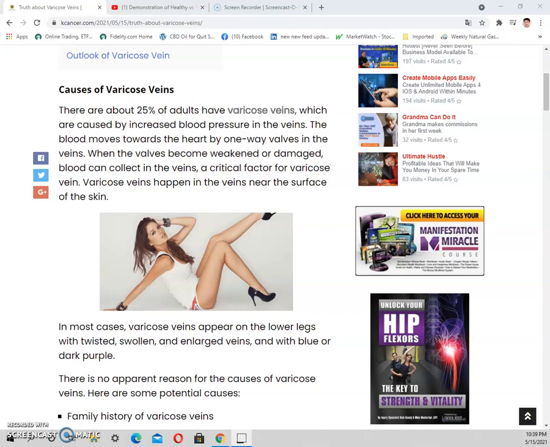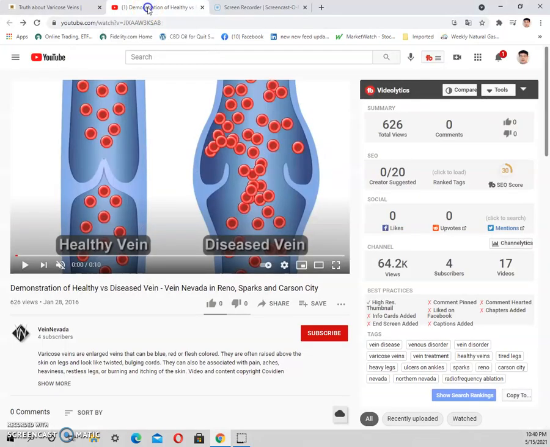Before we go into detail about the causes of varicose veins, let's look at the difference between healthy veins and varicose veins. Here's the picture. On the left side are healthy veins, and on the right side are diseased or varicose veins.